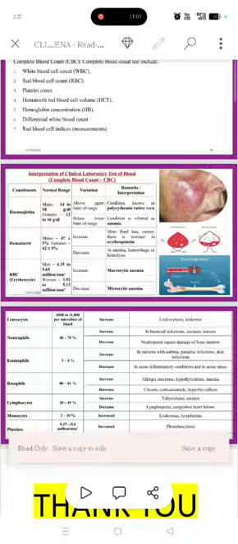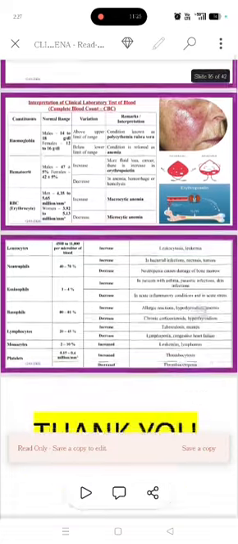Basophils increase in allergic reaction, hypothyroidism, anemia, and decrease with chronic corticosteroids, hypertension. Lymphocytes increase in tuberculosis, mumps. Decrease in lymphopenia, congestive heart failure. Platelets increase in thrombocytosis. Thank you.